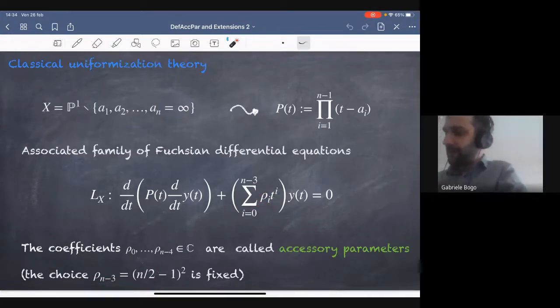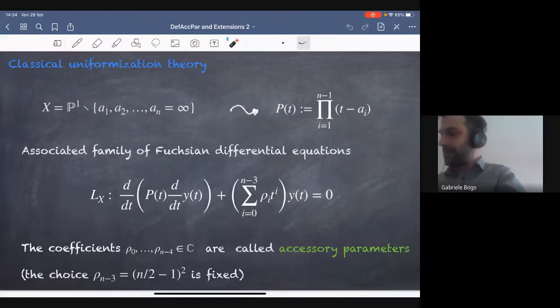For every choice of rho I, at every singular point of this differential equation, you have a holomorphic solution and a solution with a logarithmic singularity. And this analytic property is independent of the choice of parameters here. But of course, when you change parameters, you change the global behavior of the solution.